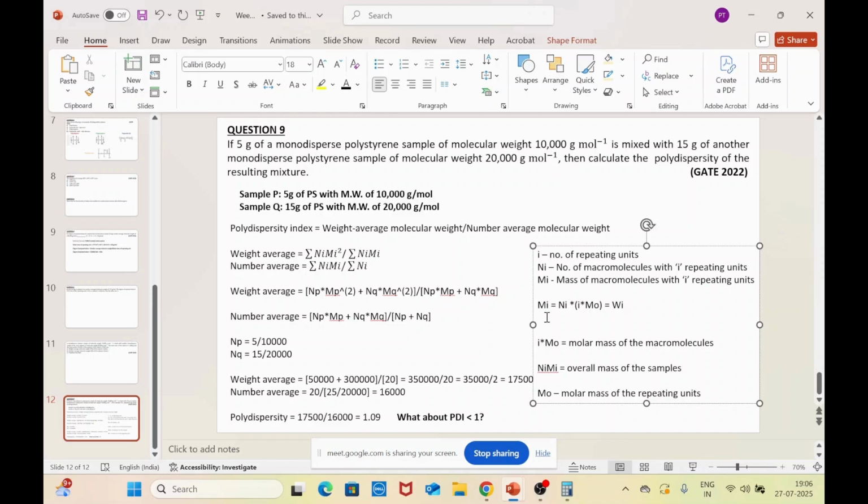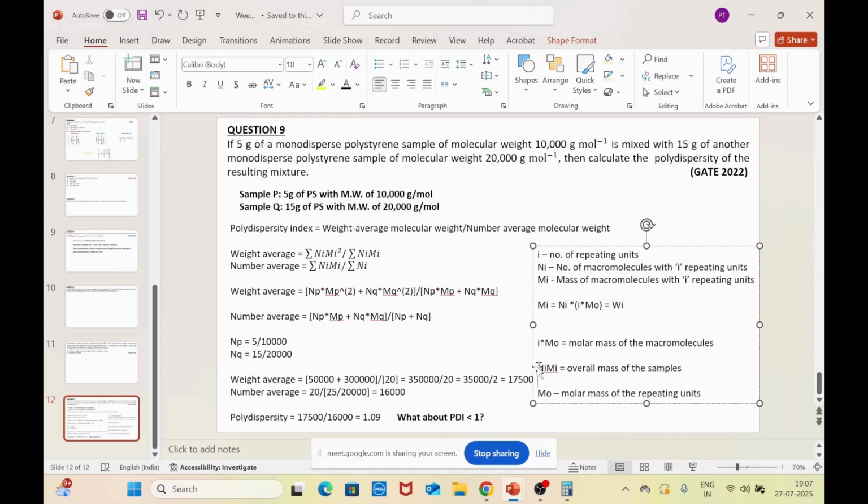So that is Mi. And this is for one particular i, which is 10. Like that, i can also be 20, because we do not know how it is going to come out. So for that i of 20 you have a separate NiMi. Like that, if you sum all of them, you get Wt.